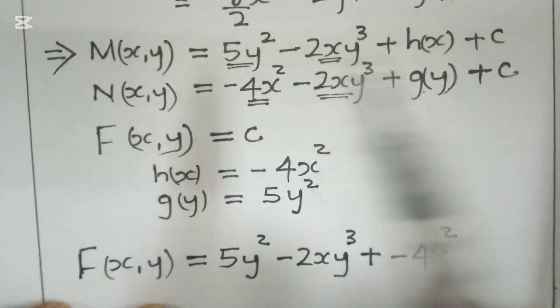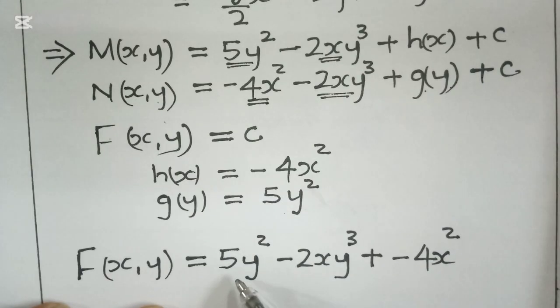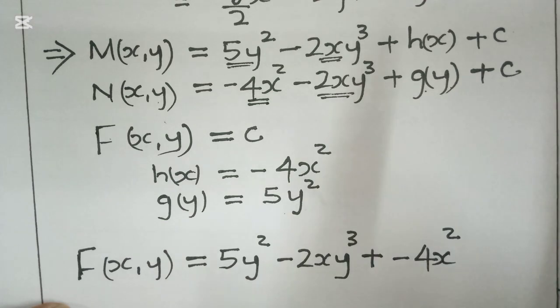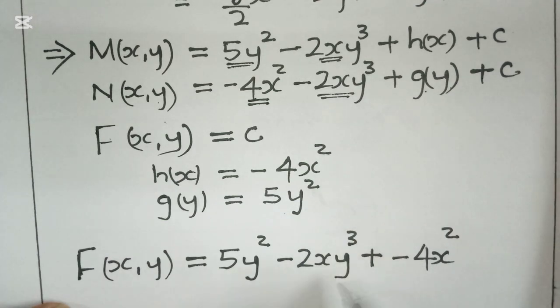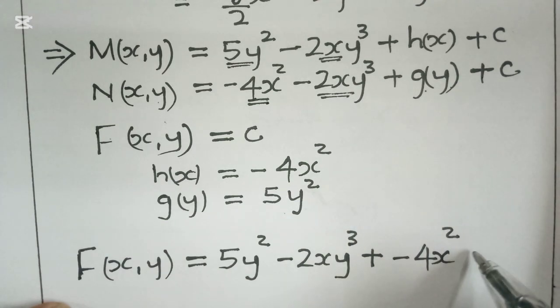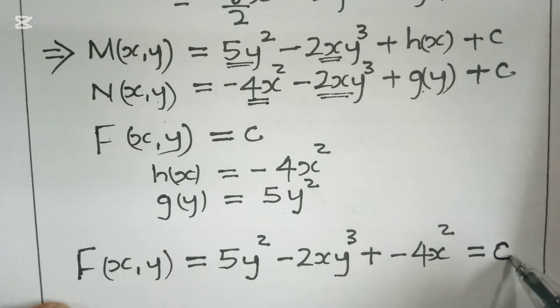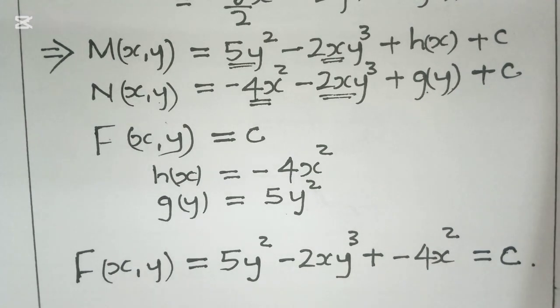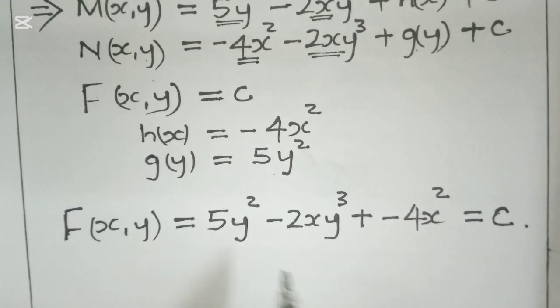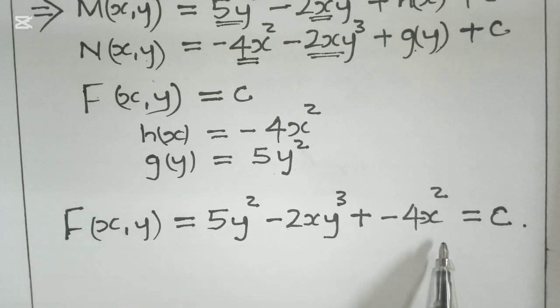For g(y), I have already written, it is 5y squared. And so therefore, as I have written this, this is now going to be equal to c. So guys, this is now our final equation as we have it.